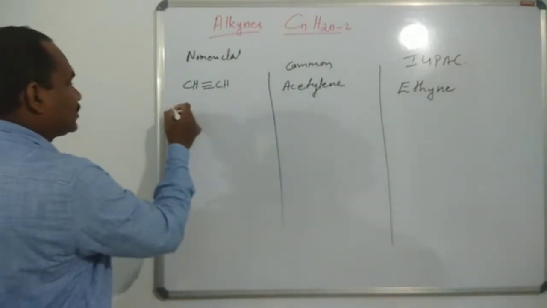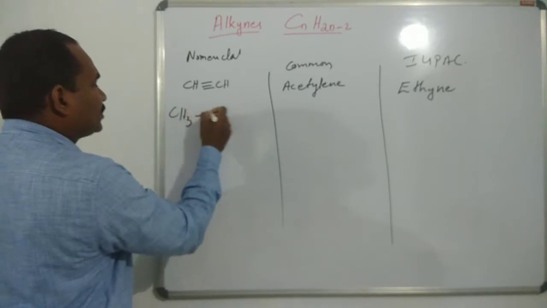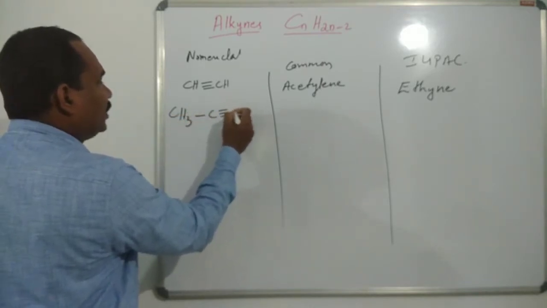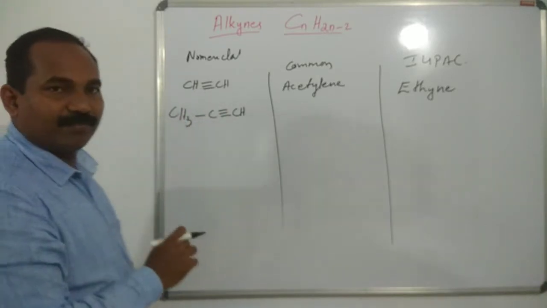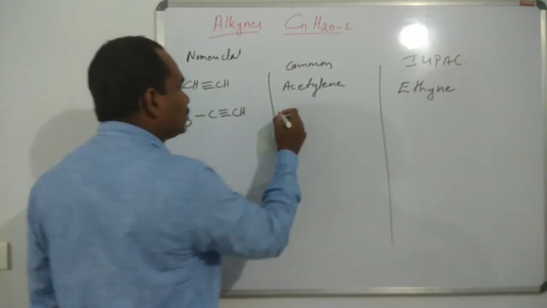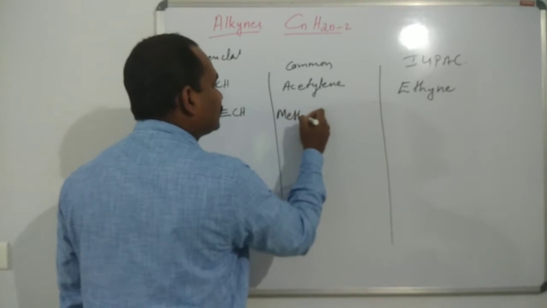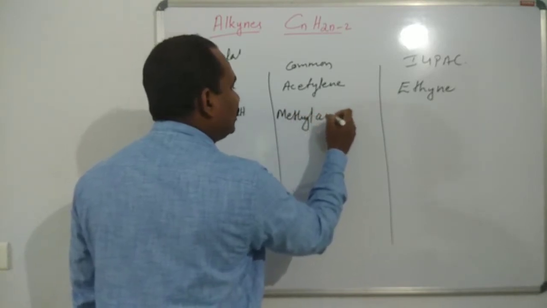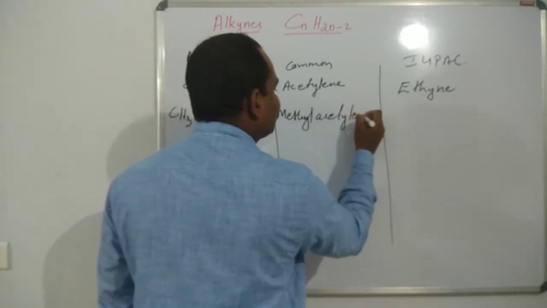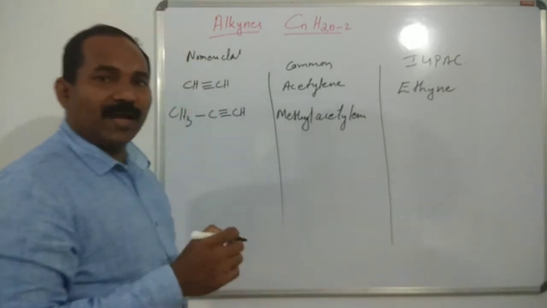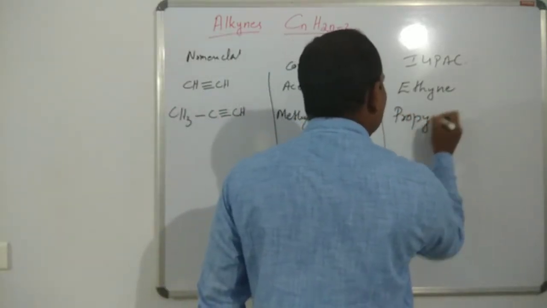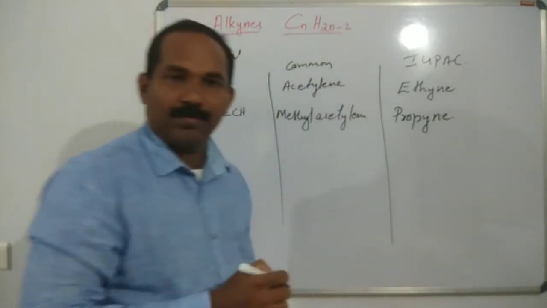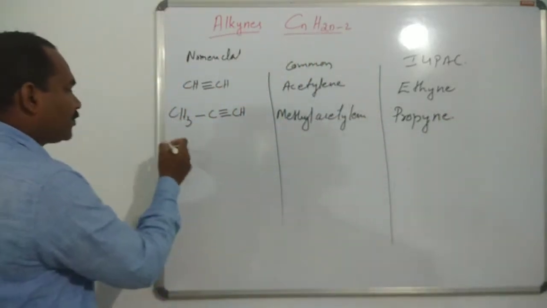The next is CH3, C triple bond CH. It's a derivative of acetylene, so it is methyl acetylene. What is the IUPAC name? Propyne is the IUPAC name.